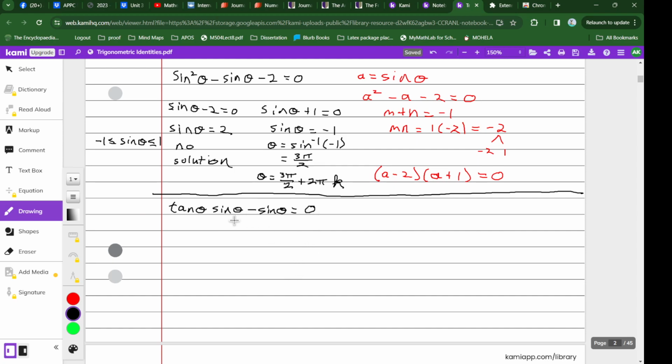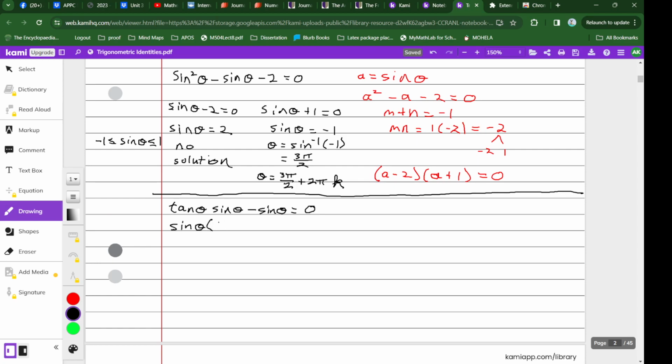Now, whenever we are factoring, we should look for a greatest common factor. The greatest common factor of these two terms is sine theta. So I'm going to factor out a sine theta from both.